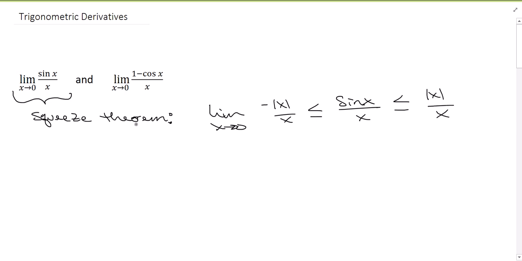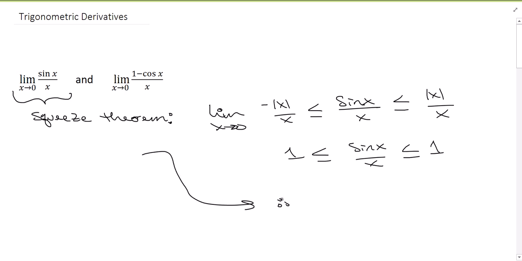So this is back from a few videos ago. And as x goes to 0, this went to 1, and this is sine x over x, and then this also went to 1. And so by the squeeze theorem, we can conclude that the limit as x goes to 0 of sine x over x is equal to 1.